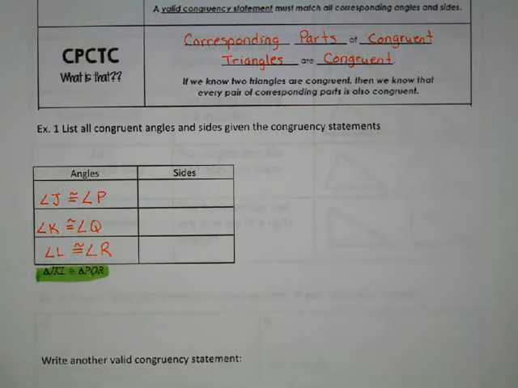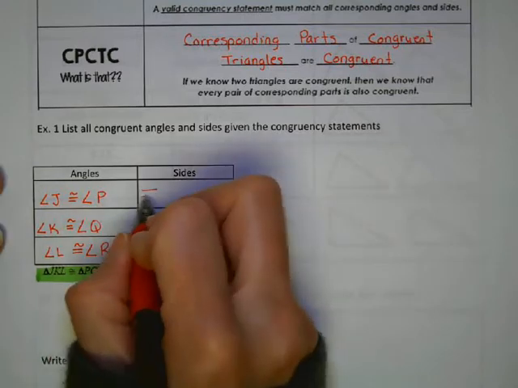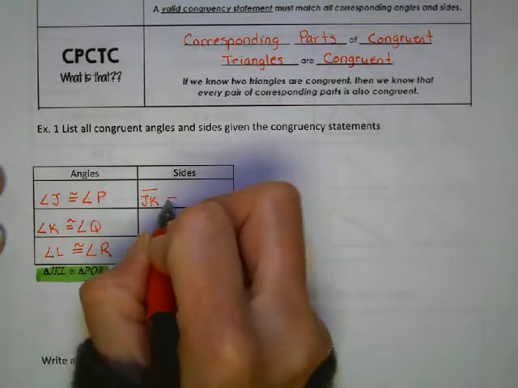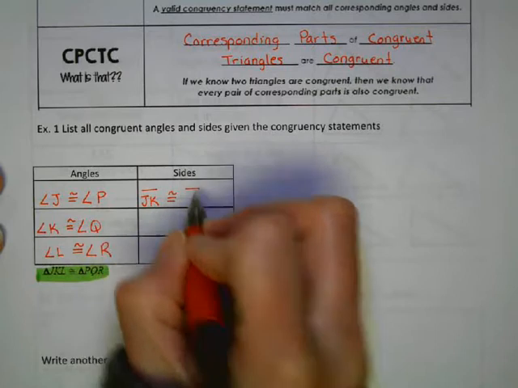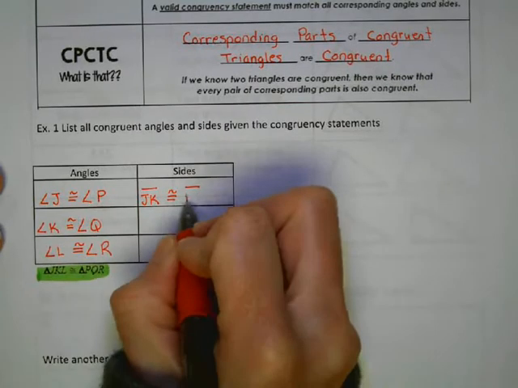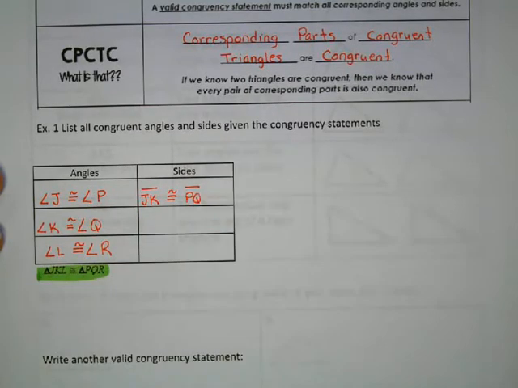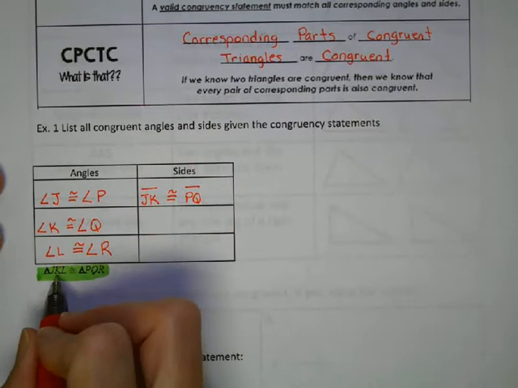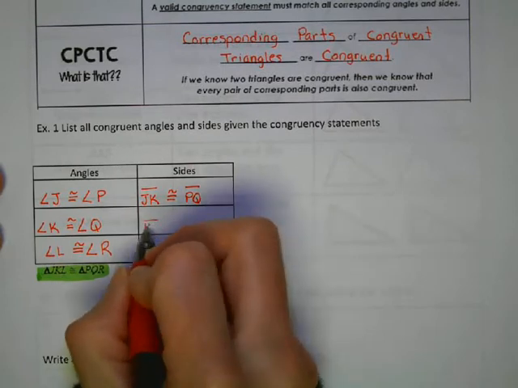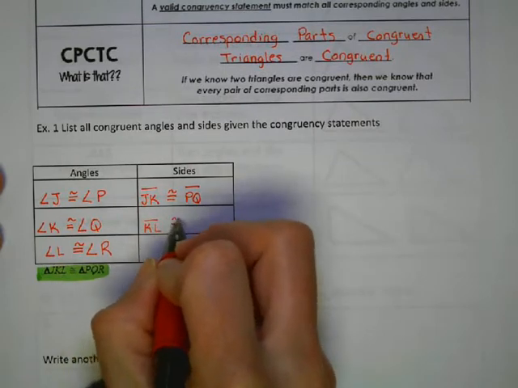On the same idea, we're going to talk about sides. Sides are two letters to make up a segment. So we're going to say segment JK would be equal or congruent to segment PQ. Then you go to the next two letters, so segment KL is congruent to QR.